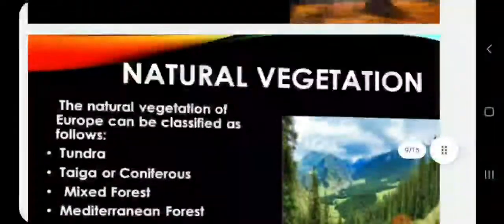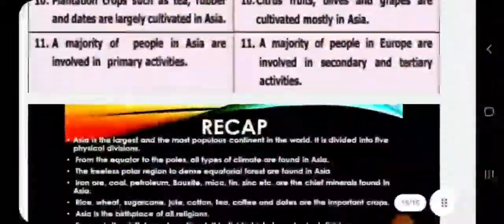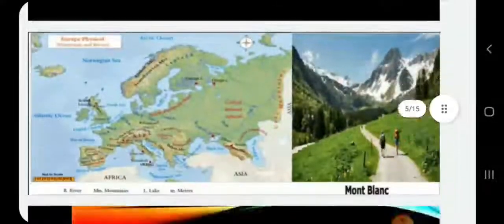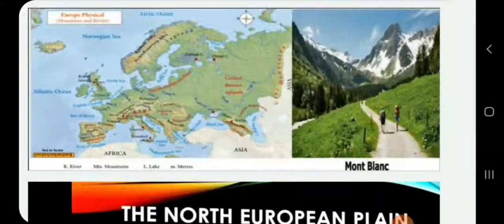These important mountain ranges are the Sierra Nevada, the Pyrenees, the Alps, the Apennines, the Dinaric Alps, the Caucasus and the Carpathians. The Pyrenees form a natural boundary between Spain and France.